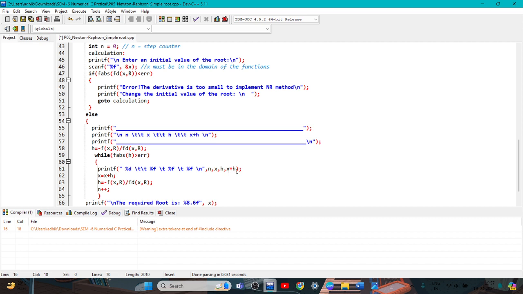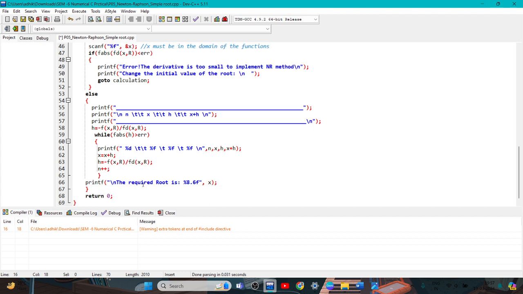Then new x equals x plus h, calculate h equal to minus f by f dash, and increment the step counter n plus plus. And printf, the required root is percentage 8.6 f, this x, because you want the root up to 6 decimal places. So total width is 8 and .6 is the decimal places, up to 6 decimal places. Return 0.